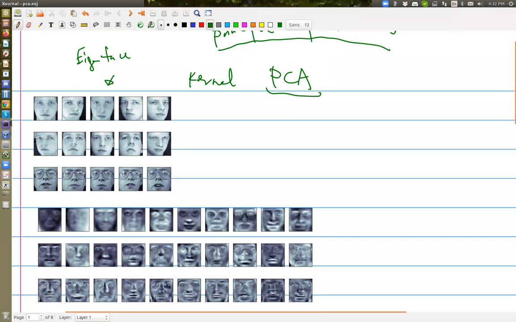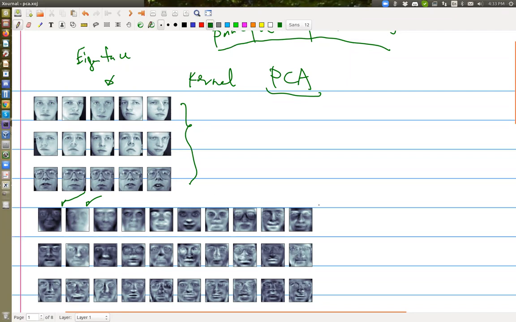I will elaborate what that means afterward. Each face you can think of as a linear combination of these eigenfaces, basically just a fancy name for eigenvectors. More precisely, they are eigenvectors of the covariance matrix of this data here. Any of the faces can be a linear combination of these.